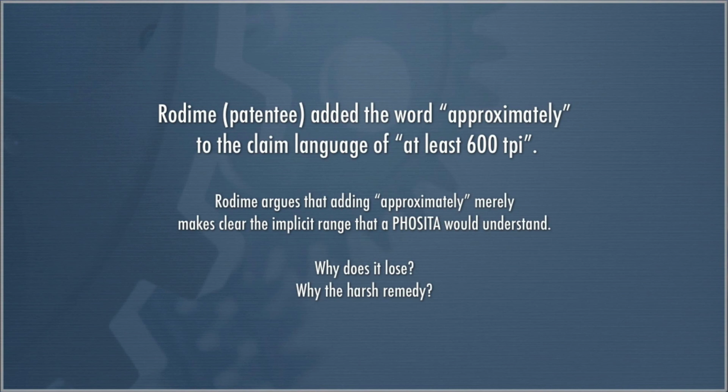Now, the interesting thing about what happens here is that the penalties for broadening your claim during reexamination are extremely harsh, right? This patent is invalid. This is an invalid claim because it was broadened during reexamination, and therefore it cannot be enforced against anybody.